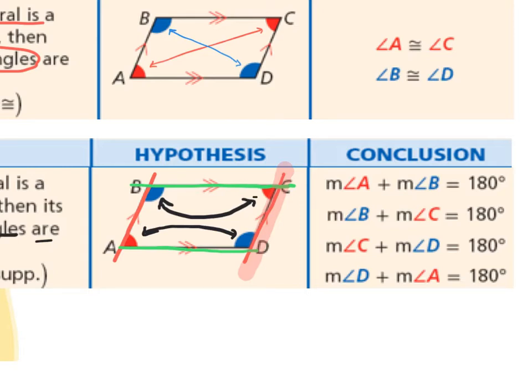So we would get C and D will be supplementary, and B and A will be supplementary. Every angle will be supplementary with its next door neighbor, the one on each side of it. So take those, add them together, they will always equal 180 degrees.